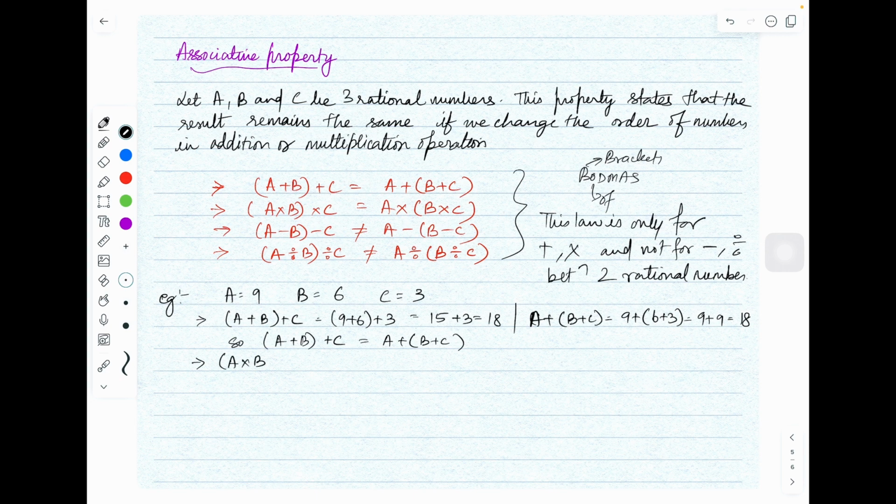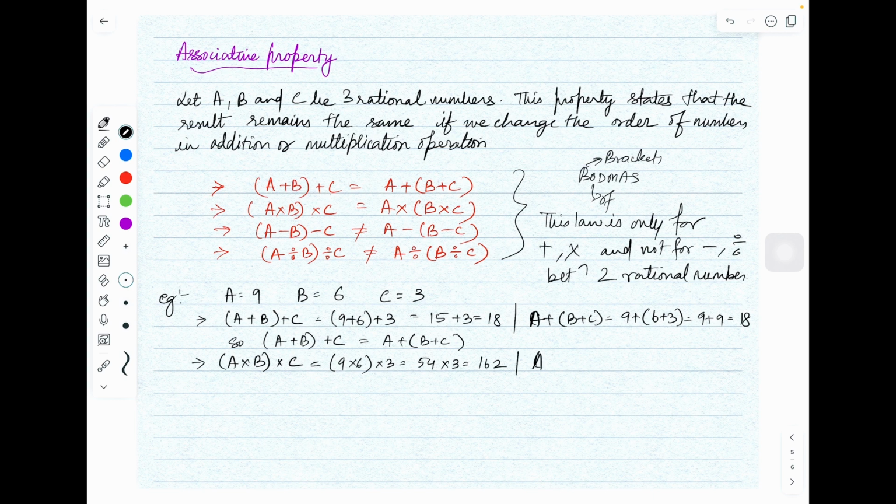Similarly, (a × b) × c is equal to how much? 9 into 6 into 3. 9 into 6 is how much? 54. 54 into 3 is how much? 162. Understood?